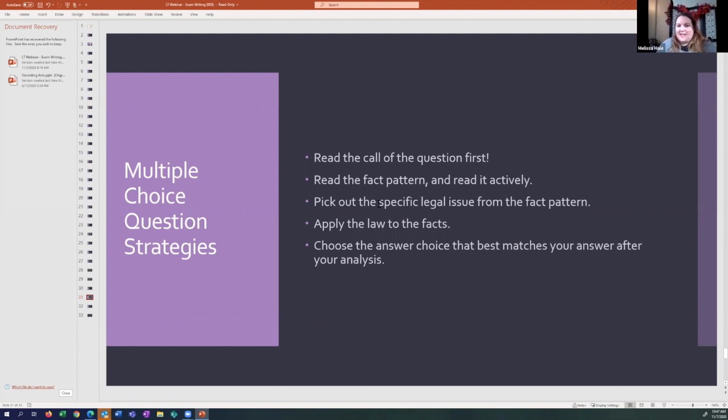Just don't pick answers because of something like, one of the most common things I see students do is say, well, I pick C because I have no idea what that is. Why would you do that? Because what happens is you're taking the exam and you start doubting all of your knowledge. You're like, C brought up a legal concept I've never heard of, that must be correct.